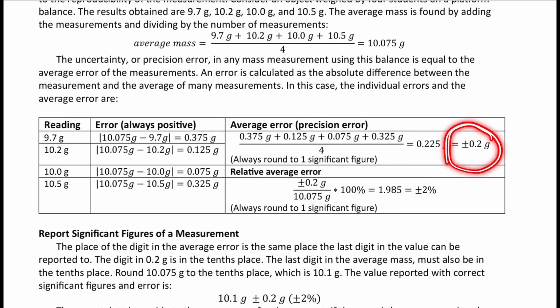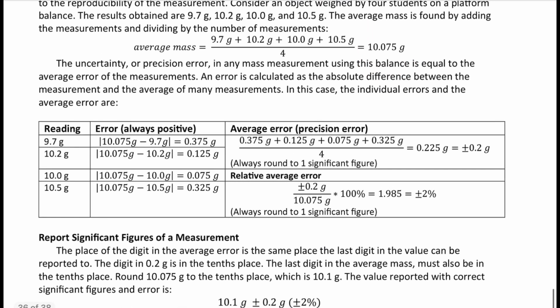So what I can do with this value is I can figure out how many of these digits are significant. So the rule is we look at the place of this error. This error, there's always going to be one digit, but its place is in the 10th place. That means in our actual value, the last significant figure that I can report is in the 10th place.